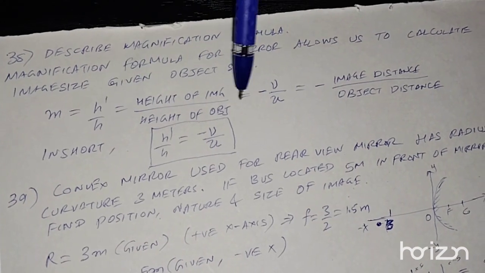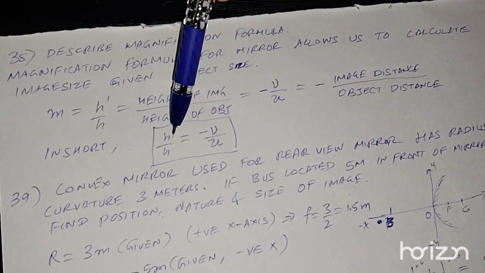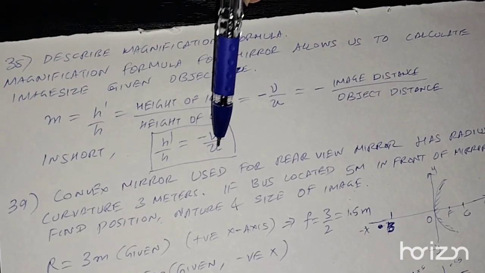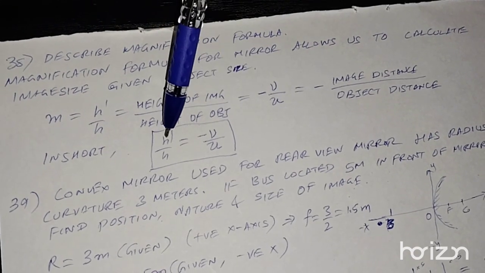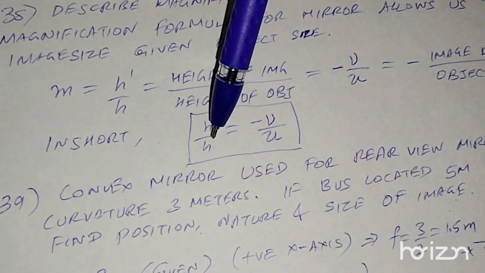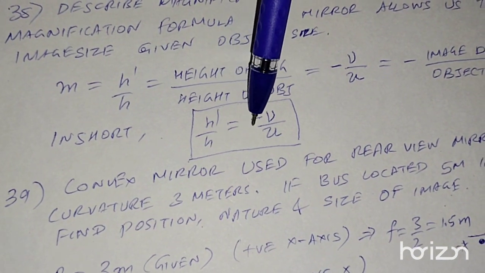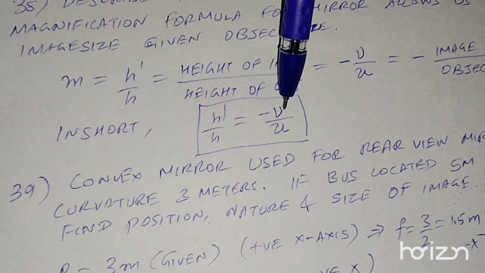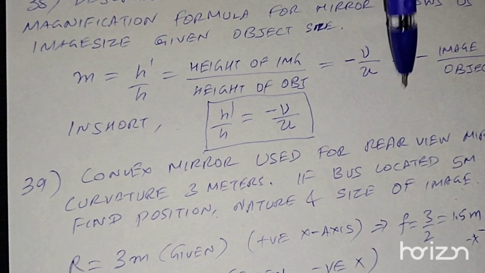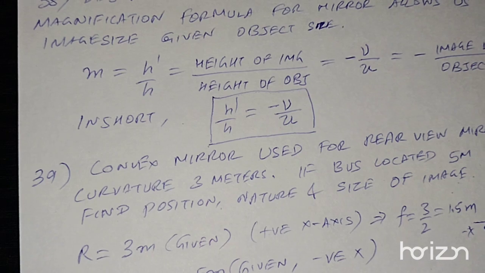The formula says h dash by h is equal to minus v by u. Remember this formula. We are saying h dash, which is the image size, divided by the object size, is equal to minus of image distance divided by the object distance. That is what the magnification formula says.